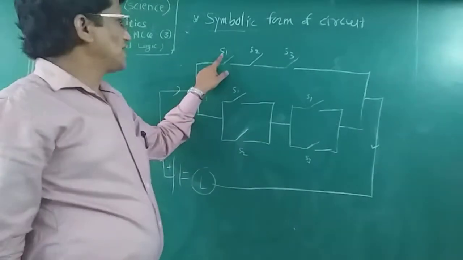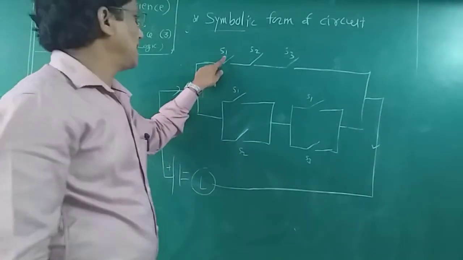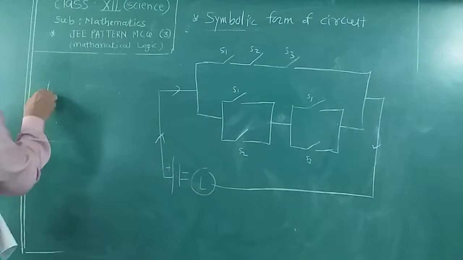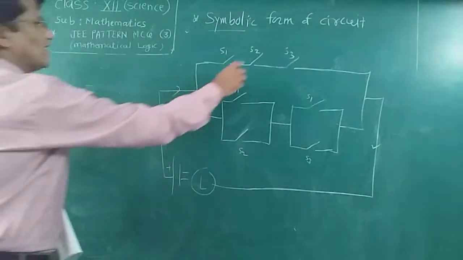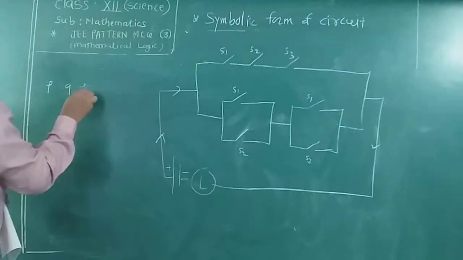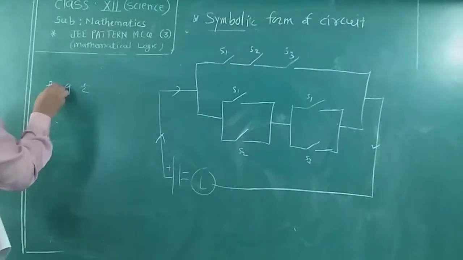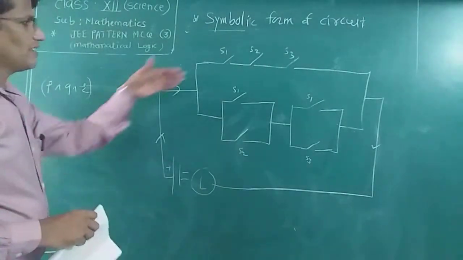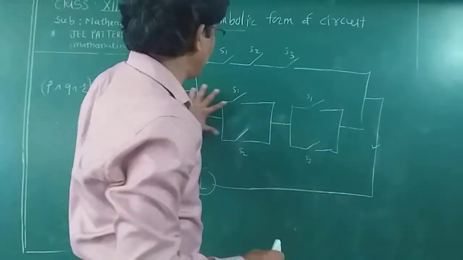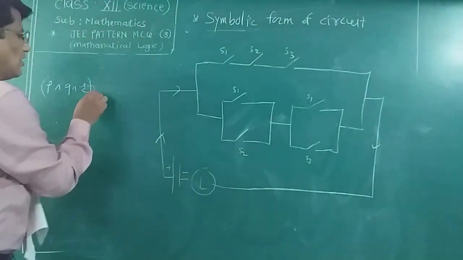We all know S1 means statement P. I am writing P here. After that, S2 means Q, and again R. They are in series, so we use AND. So this is the first bracket. Another wire is parallel to this, so use OR.